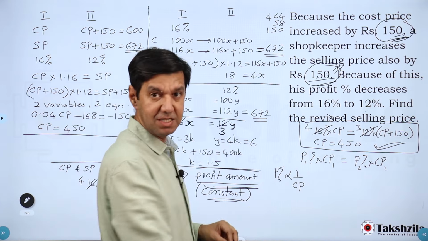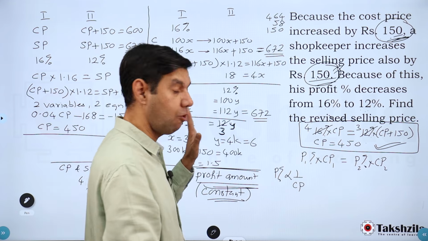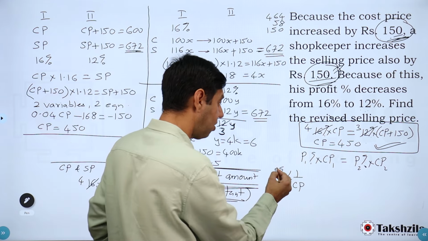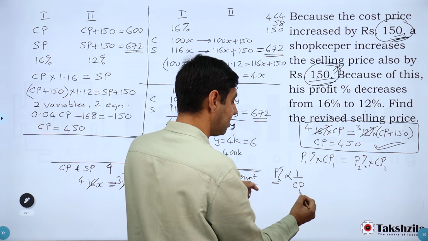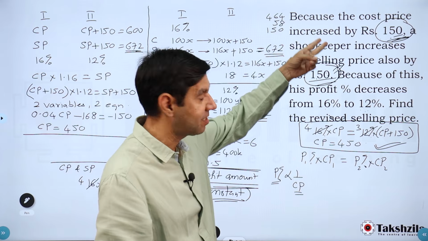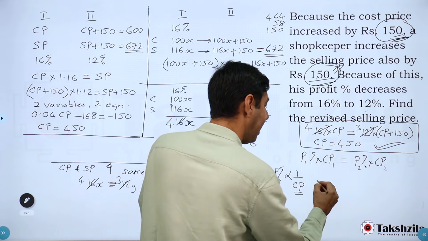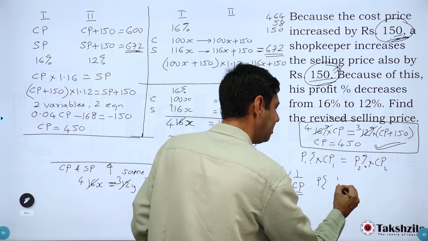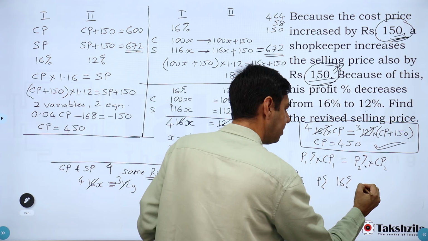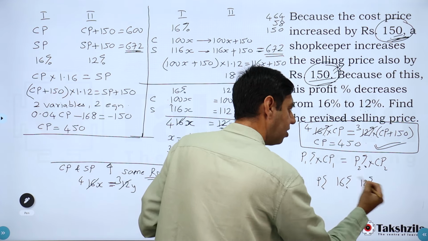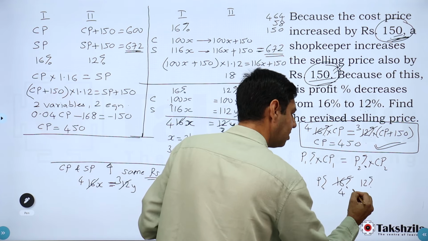And if it is inversely proportional, then again, as I've been harping a lot, how do you handle this? Either the cost price or the profit percentage, your ratio must be known. So do I know that the ratio of profit percentage is 16% and 12%? And what is this ratio? Is this as good as 4:3?